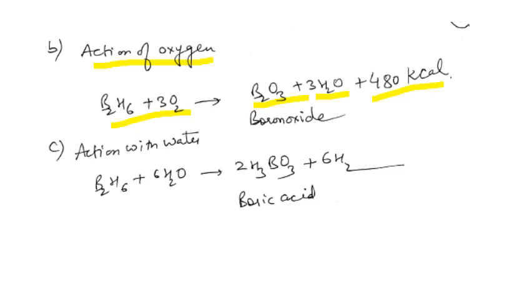This reaction takes place spontaneously, as it comes in the category of lighter boranes. The third chemical property is the action of water. When diborane reacts with water, it forms boric acid and hydrogen gas is evolved.